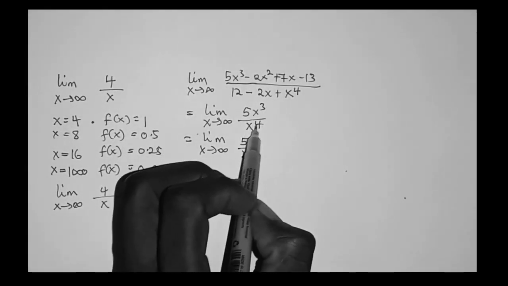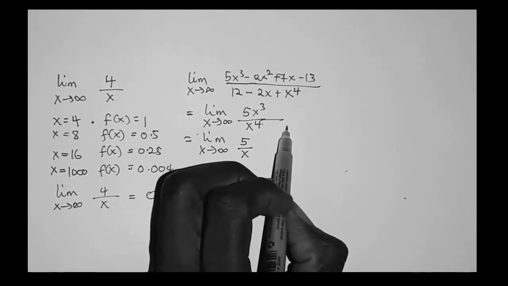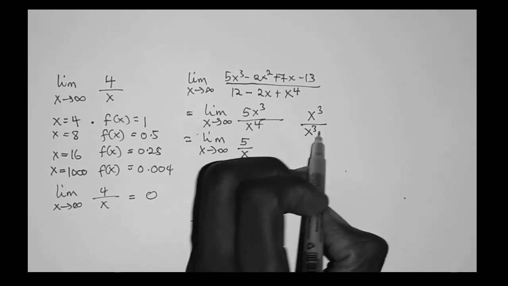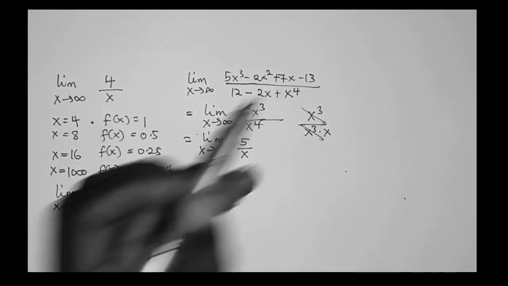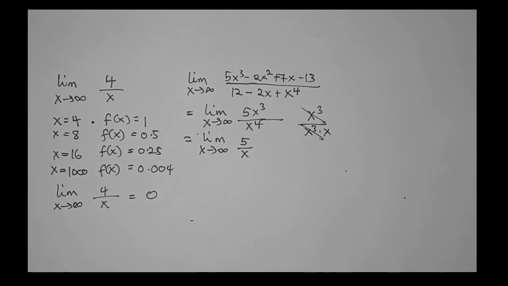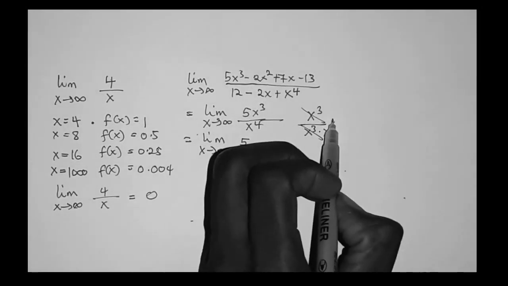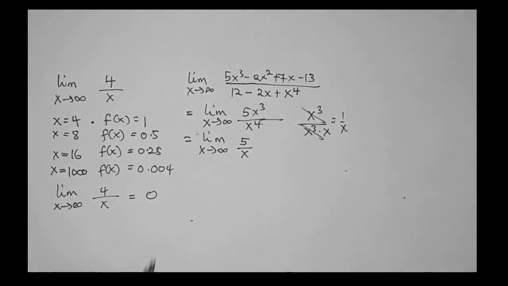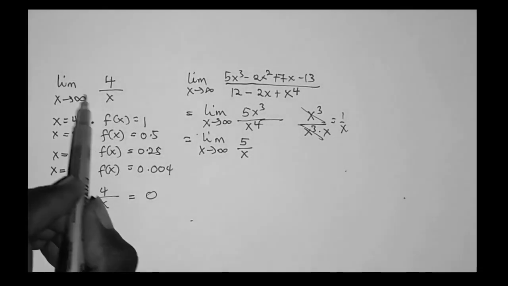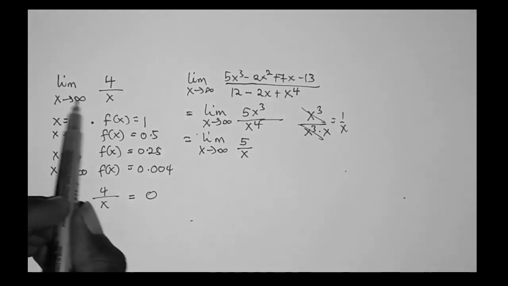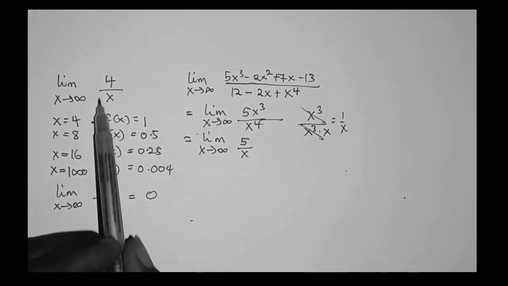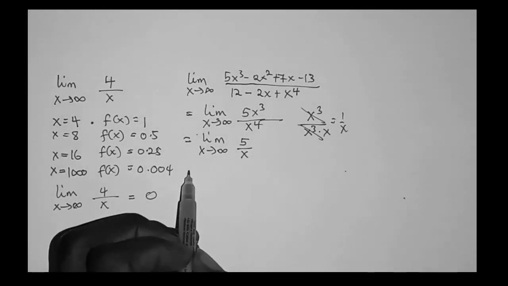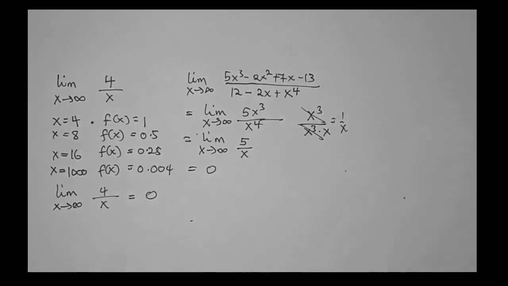Because this x exponent 4 can also be written as x exponent 3 times x, so that this x exponent 3 can cancel out, and we'll be left with 1 over x. 5 times 1 over x is 5 over x. But remember what we said earlier: as the denominator becomes exceedingly large, f of x approaches 0. So this limit is equal to 0.